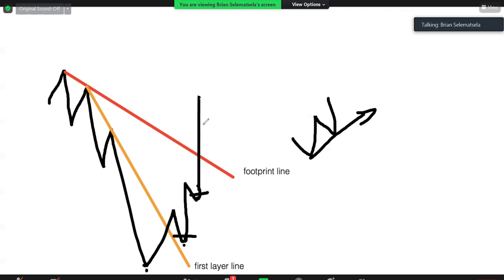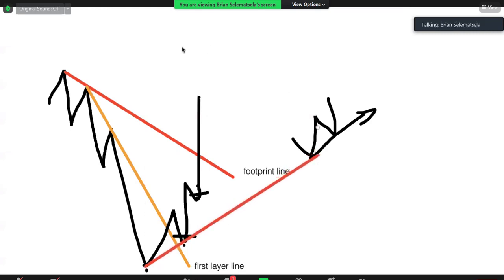So now, in order to determine how to close the buy trade, you must first be able to spot the footprint line to show the slope of the market.